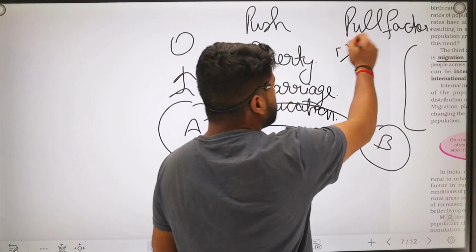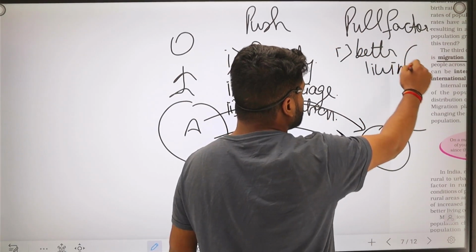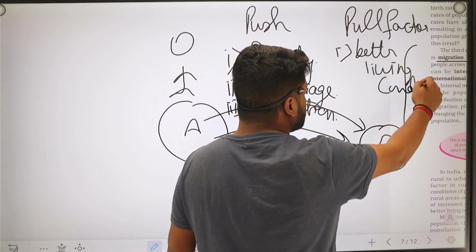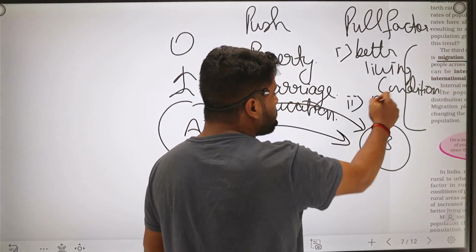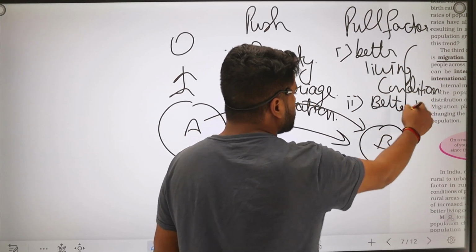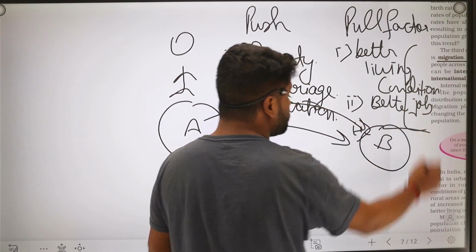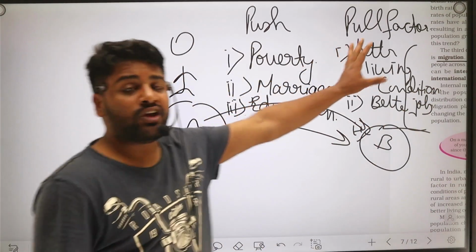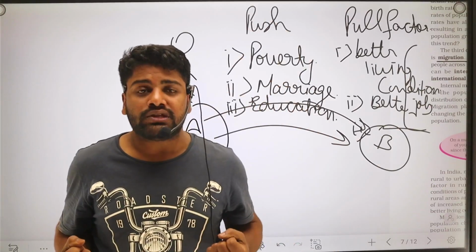Now what could be the pull factor? First, better living conditions. That means a place is offering better living conditions. Second, better job opportunity. Third, better education. If a place is giving all these things, people will be attracted; that thing is pulling people toward it.